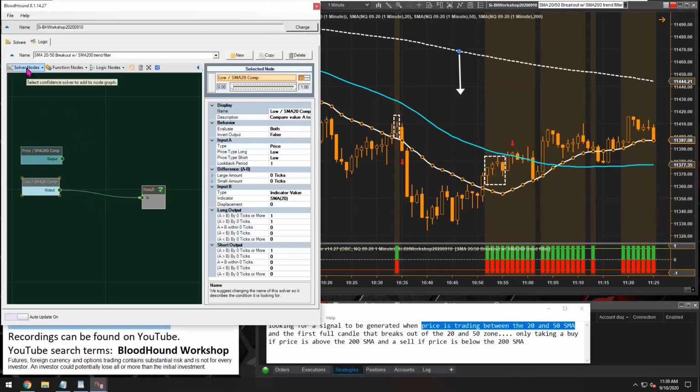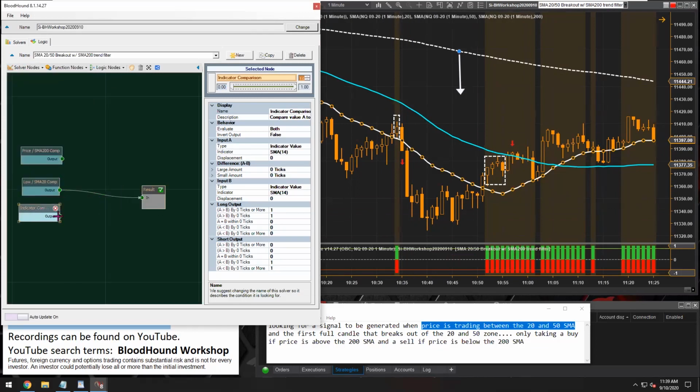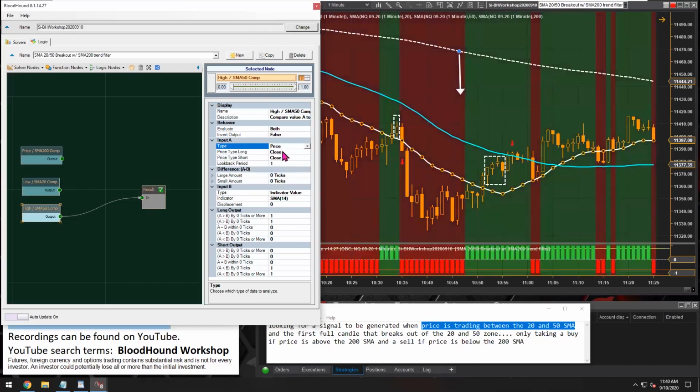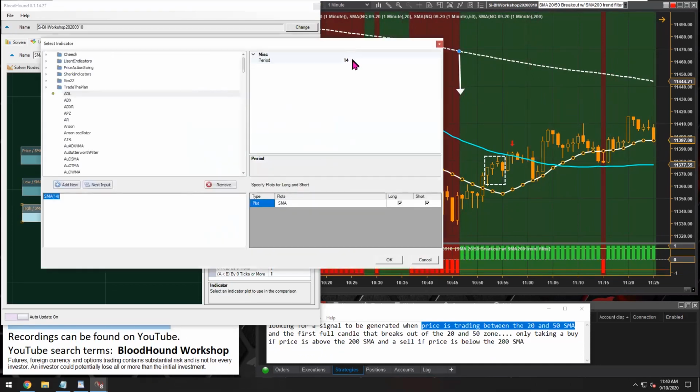And so now I can grab another comparison solver like so. I'll compare the high price to the SMA 50. So again, input A is going to be price, and then for both a long and a short, I'm going to be comparing the high price to the SMA 50.